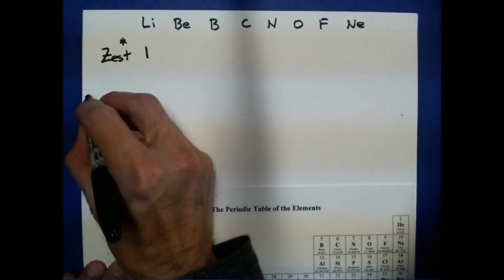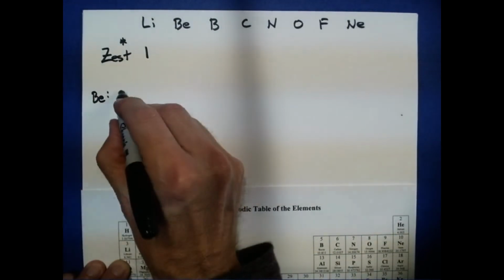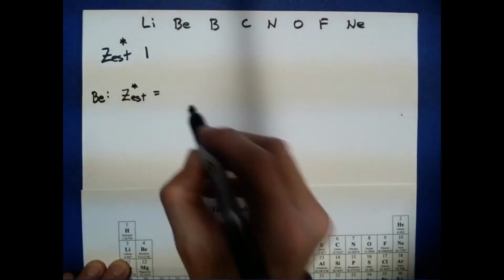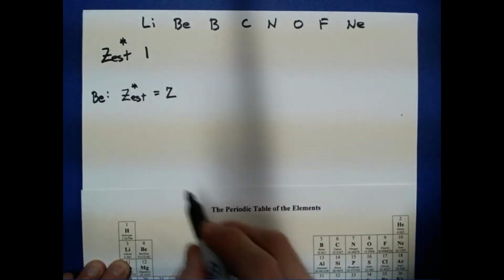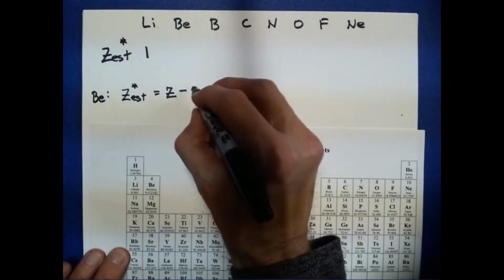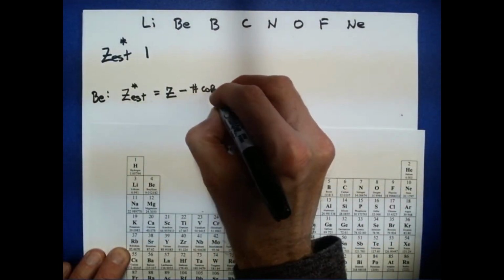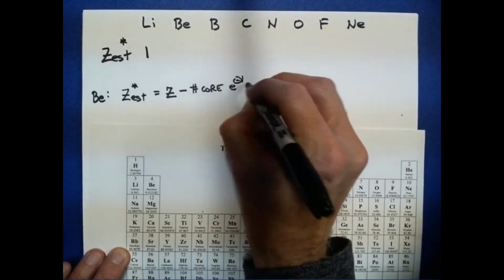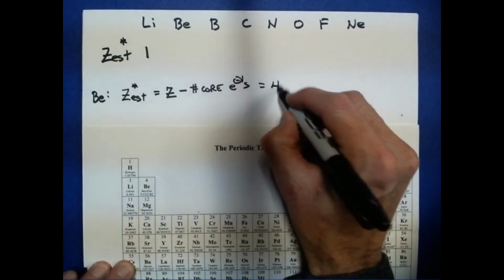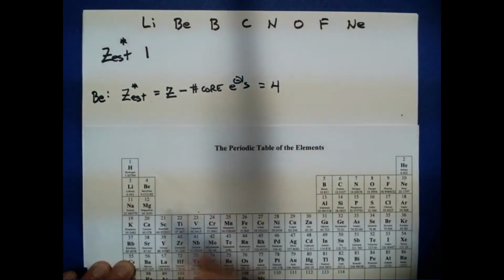And now we'll calculate it for beryllium. So for beryllium, I'm going to first take the formula for the effective nuclear charge, Z star estimate. That's going to be the nuclear charge on beryllium, which is 4, and we're going to subtract from it the number of core electrons. Well, how many core electrons are in beryllium?